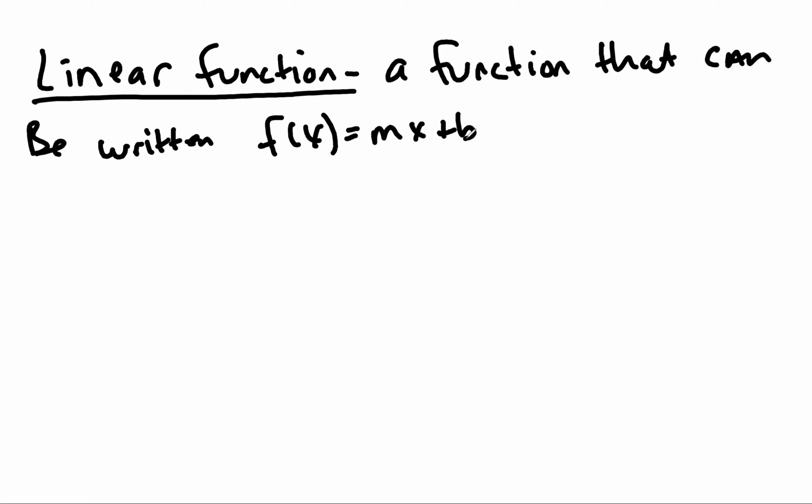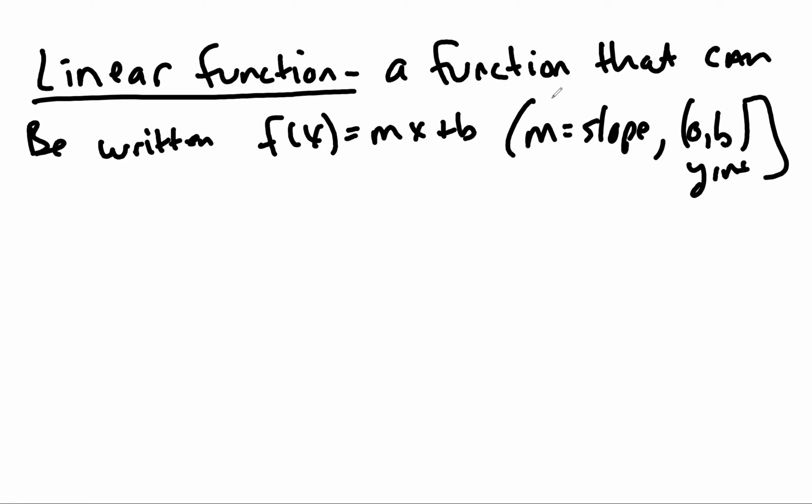And doesn't this look kind of familiar to you guys? What's this look like, sort of? Anybody know? Okay. All right, so this reminds us of slope-intercept form from several days ago. And so in parentheses, we're going to say that the m is still the slope, and that (0, b) is still the y-intercept.